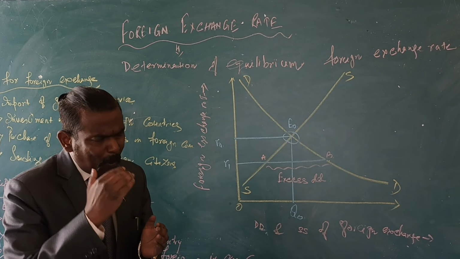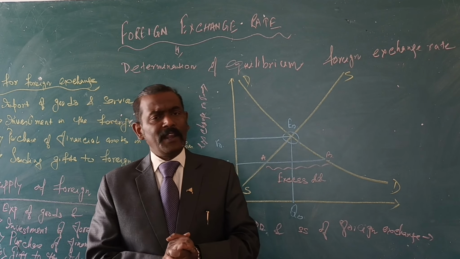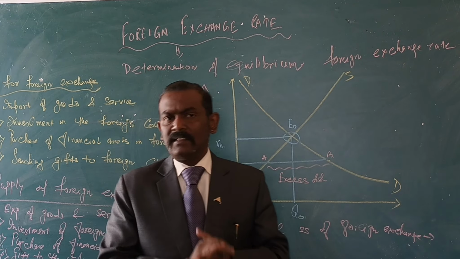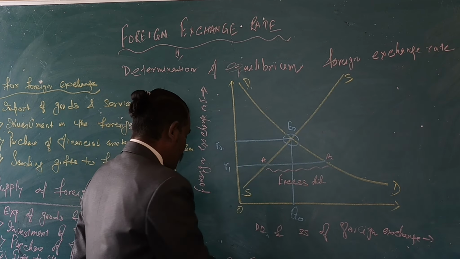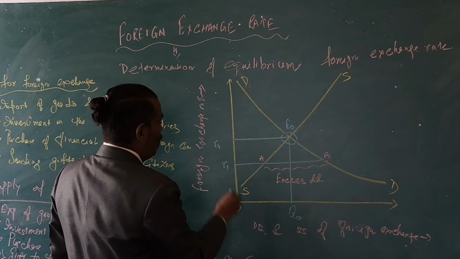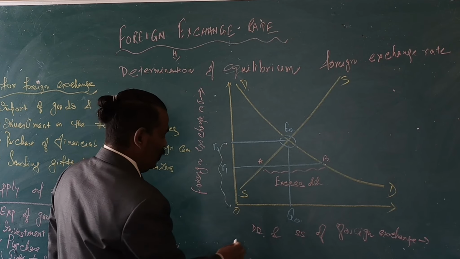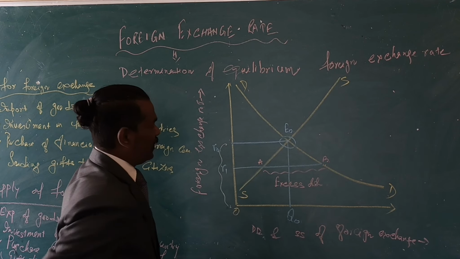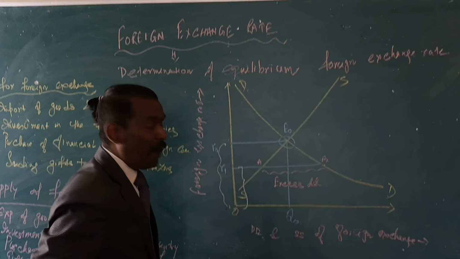Now, what will be the case if the market foreign exchange rate is less than the equilibrium foreign exchange rate? Let us see that. Suppose OR0 is the equilibrium foreign exchange rate, but the market foreign exchange rate is OR1.